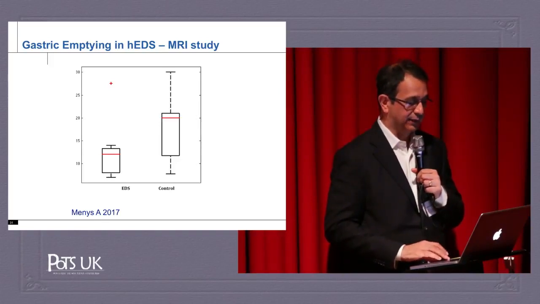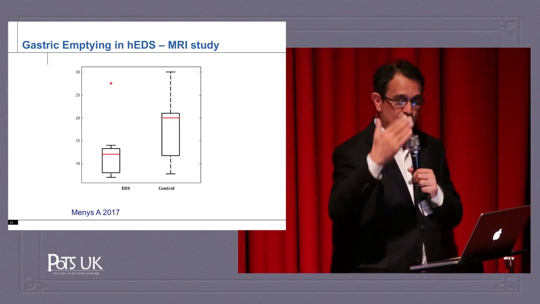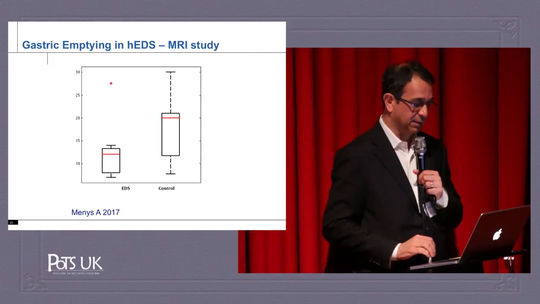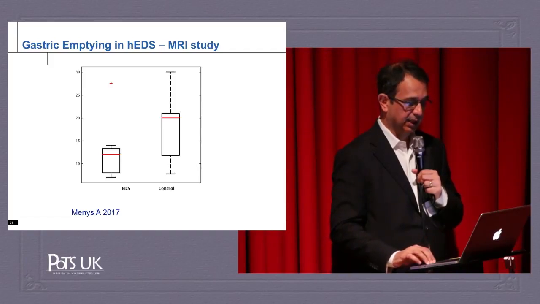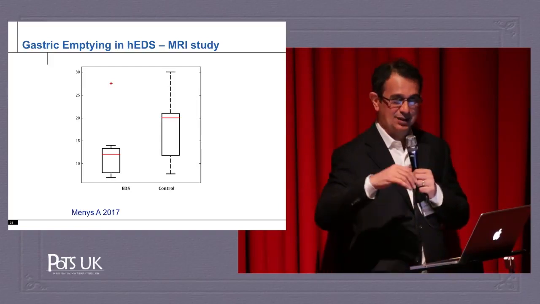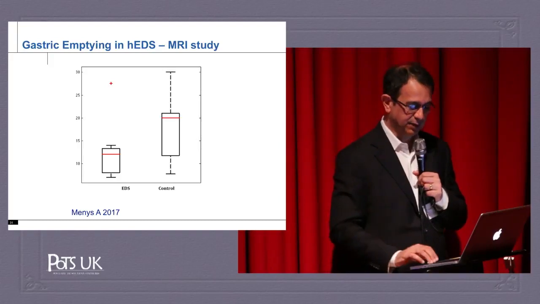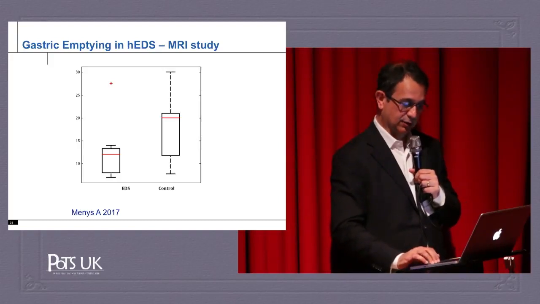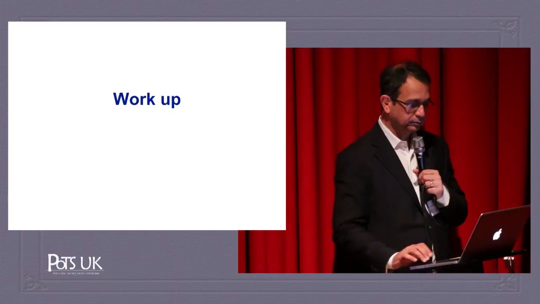And interestingly, we found that these patients had more rapid gastric emptying in comparison to the healthy controls. So some of these patients may be getting those dyspeptic, indigestion type of symptoms after a meal, which could be related to this early dumping.